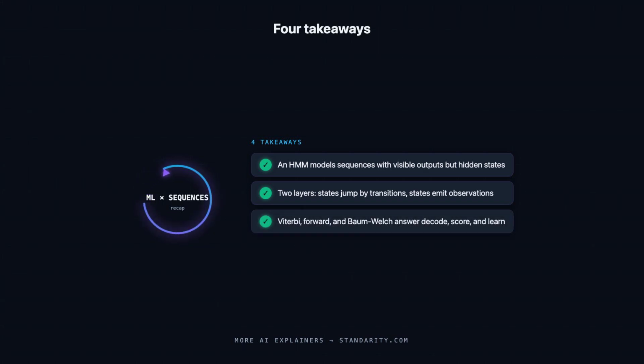Elegant algorithms answer the core questions, Viterbi for the best hidden path, forward for likelihood, and Baum-Welch to learn the parameters. For decades, HMMs were the workhorse of speech recognition, part of speech tagging, and biological sequence analysis like gene finding. Neural models have largely replaced them, but they remain the way we think about hidden state sequences.